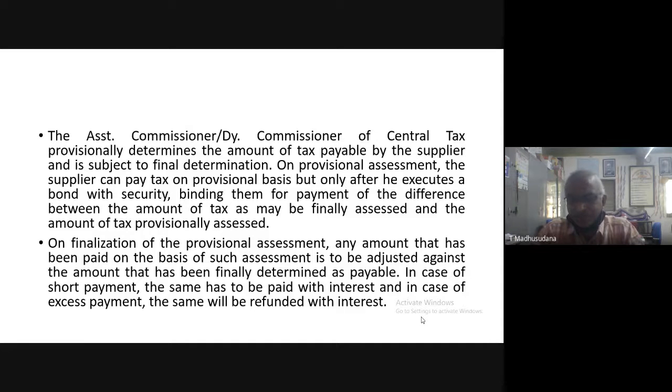In case of short payment, the same has to be paid with interest. That means if he has paid less than the final tax liability, he has to pay with interest. And in case of excess payment, that means if he has paid more than the final assessment, the same will be refunded with interest by the government.